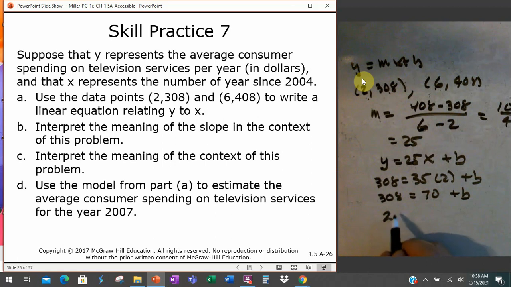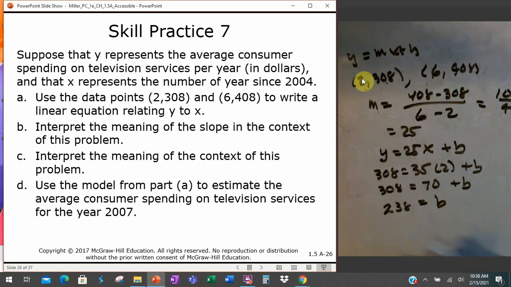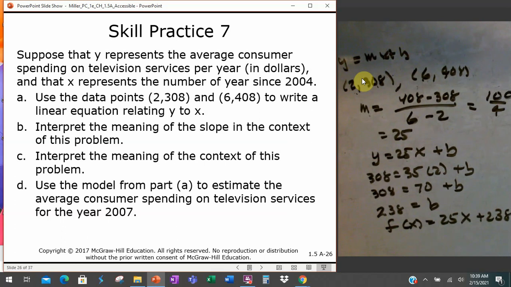So this would be 258? Yep, 258 is equal to my b. So my linear function, f of x, using functional notation, is 25x plus 258.